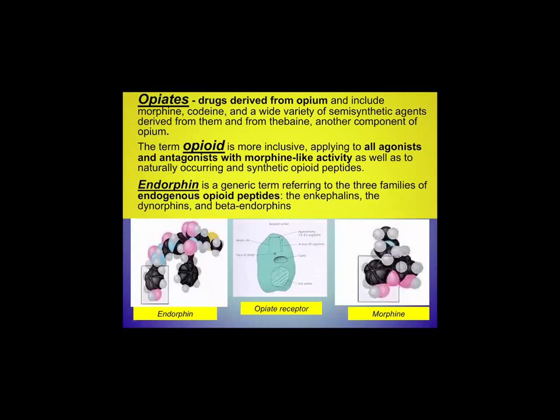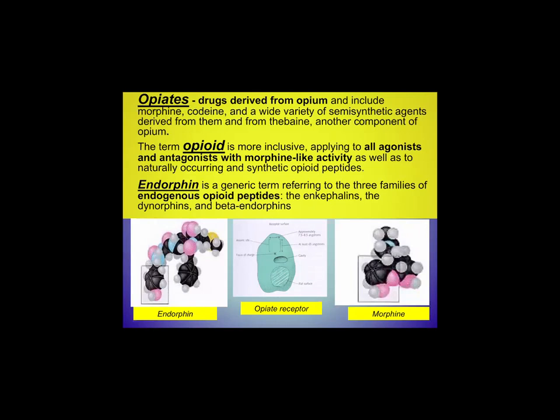We have two terms, and so that you are not confused between them, I will explain what each means. Opiates are drugs derived from opium and include morphine, codeine, and a wide variety of semi-synthetic agents derived from them and from thebaine and other components of opium.